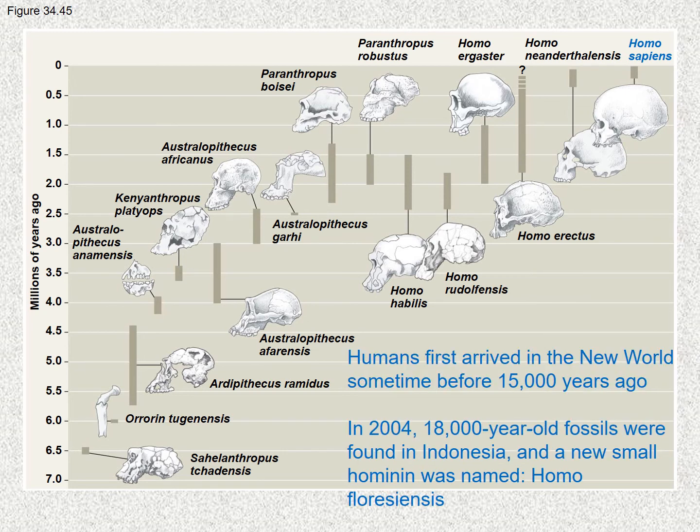Humans first arrived in the New World sometime before 15,000 years ago. In 2004, an 18,000-year-old fossil was found in Indonesia. And this is actually a new hominin, a new species called Homo floresiensis.